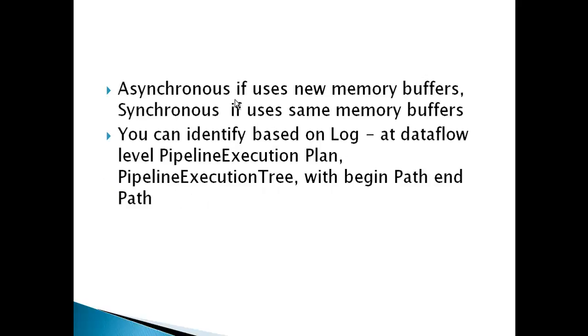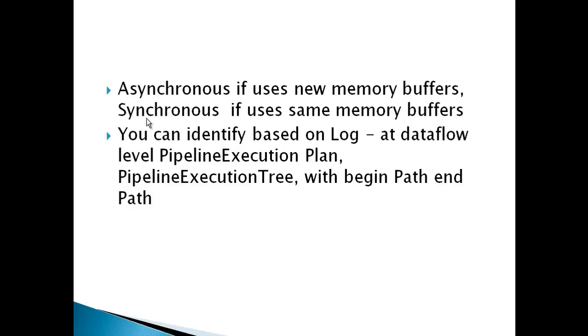Also, asynchronous transformations are those transformations which use new memory buffers. That is, they create their own memory buffers for processing the data. Whereas synchronous transformations are those transformations which do not create their own memory buffers but reuse the existing memory buffers.